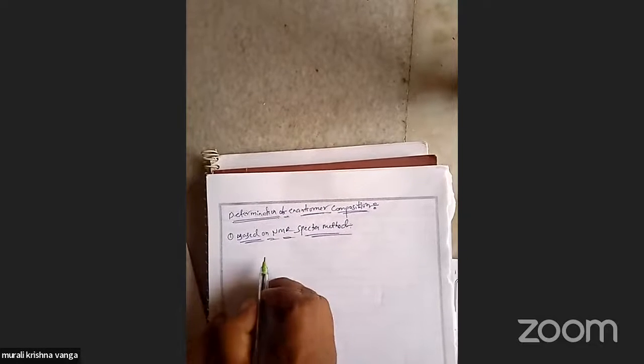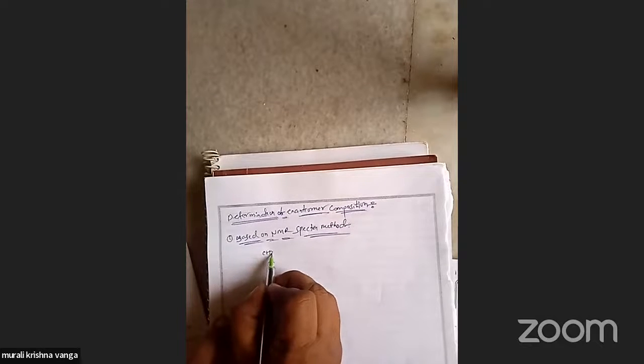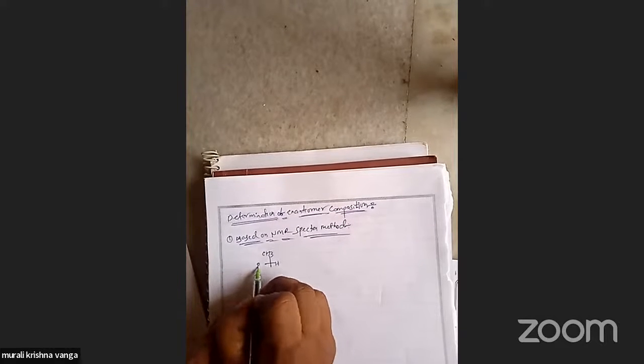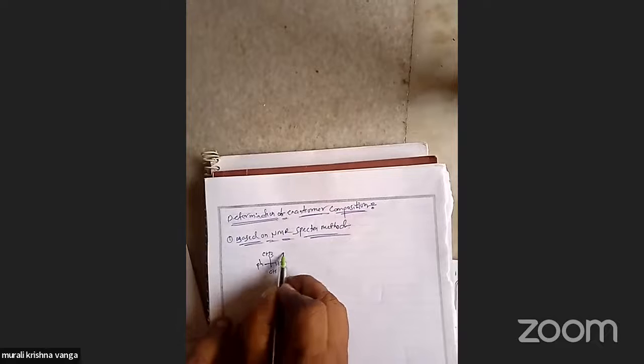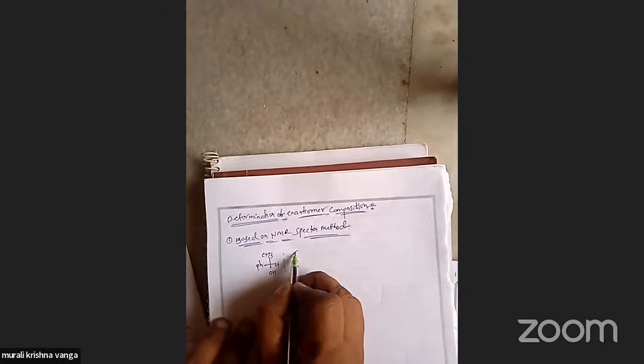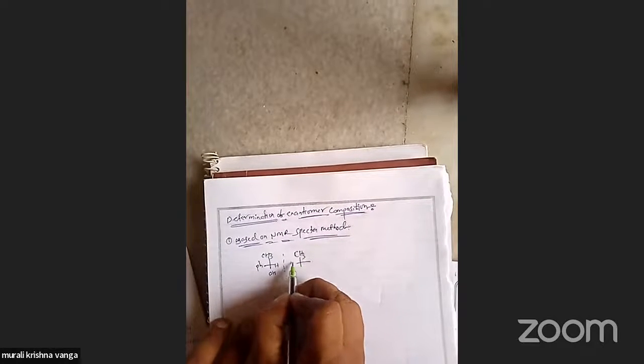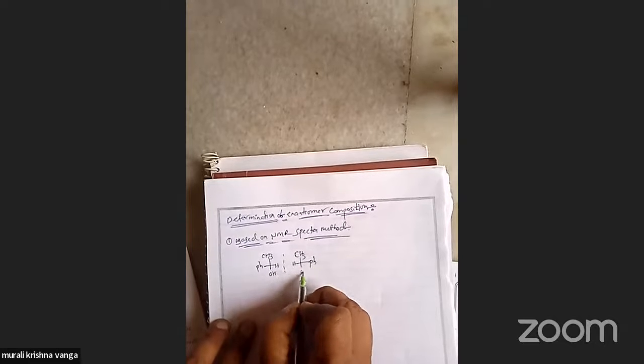First, we have taken one enantiomeric mixture. Enantiomers are not possible to separate by physical methods, so we can convert them into diastereomers.